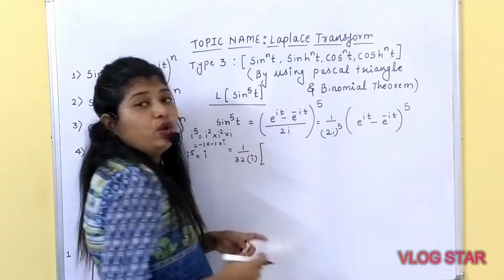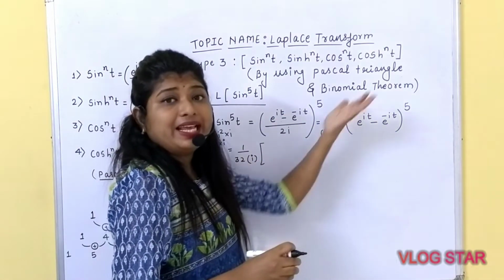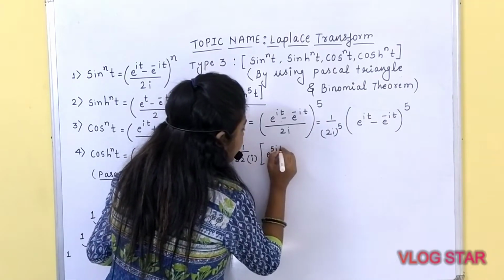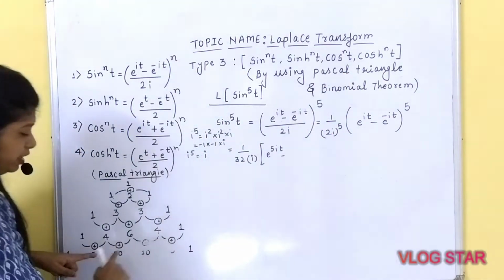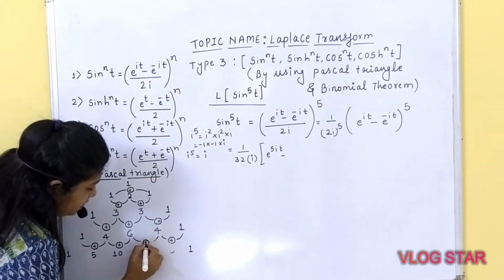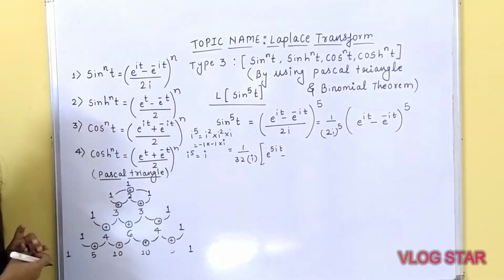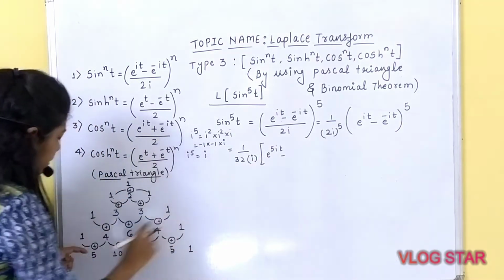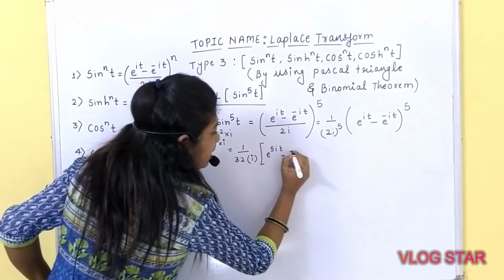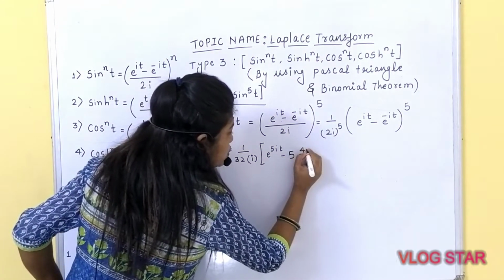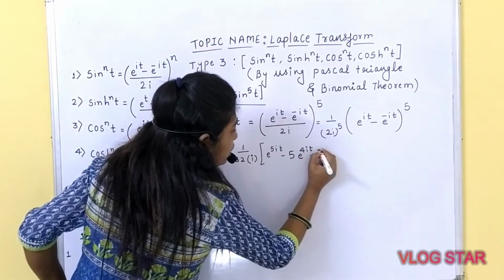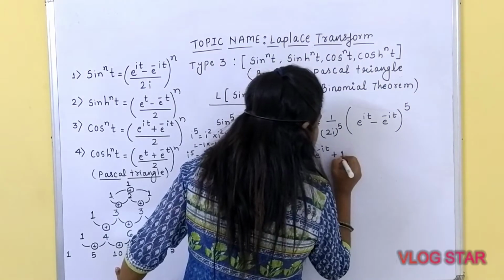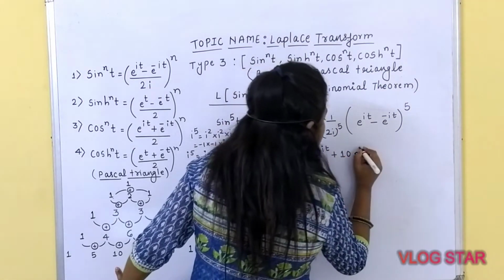Similarly, as I told you, we need to apply binomial expansion. As per the Pascal triangle, you need to use all the coefficients. The first coefficient is 1, giving e raised to 5it. The second is minus 5 e raised to 4it into e raised to minus it. Next coefficient is plus 10 e raised to 3it.